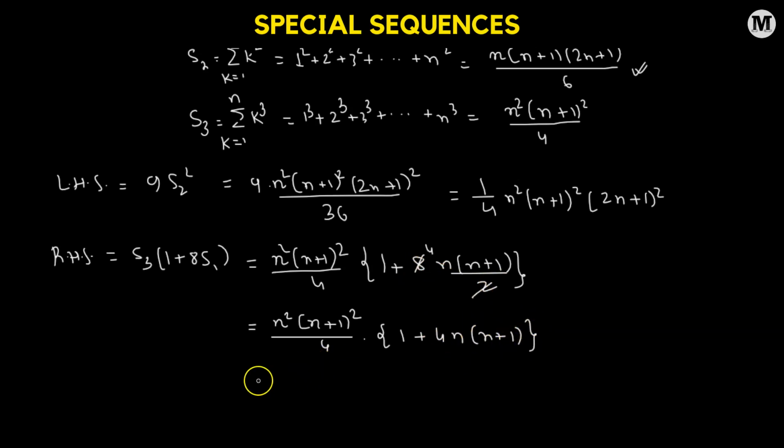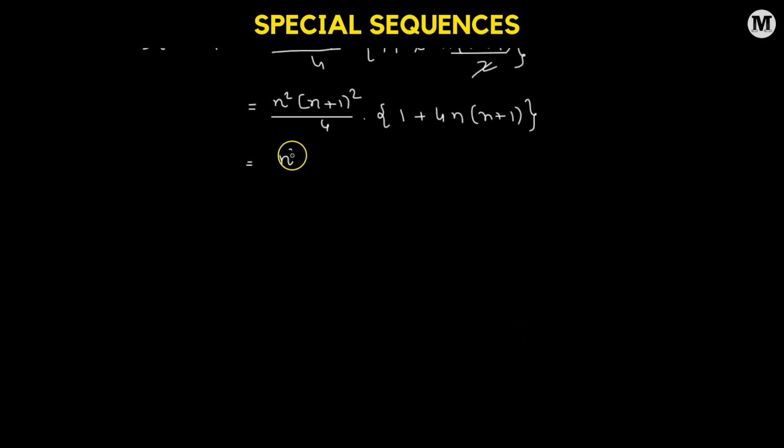Let's further simplify. We have n squared times n plus 1 whole squared divided by 4 multiplied by 1 plus 4n squared plus 4n. Now 1 plus 4n squared plus 4n is simply the expansion of 2n plus 1 whole squared.